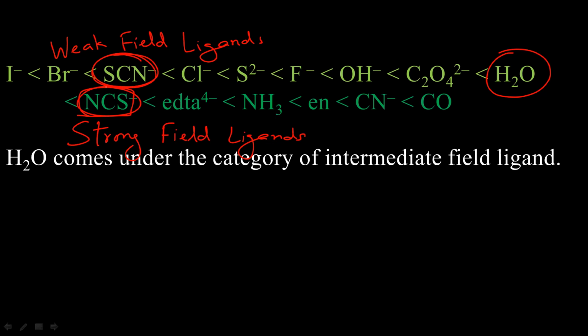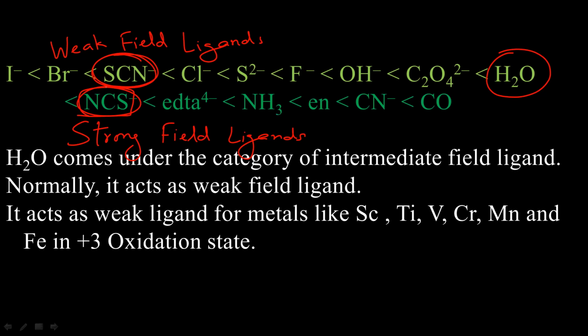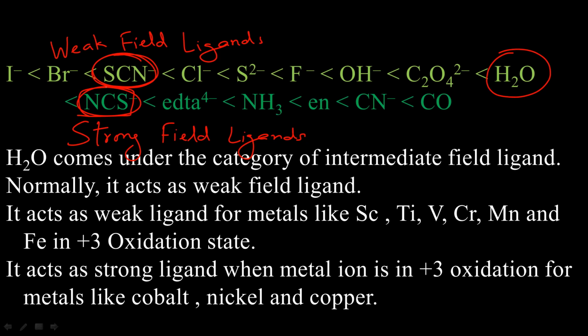H2O comes under the category of intermediate field ligand. I told you that most of the time it will be acting as a weak field ligand, but in a few cases it will be acting as a strong field ligand. So it acts as a weak field ligand for metals like Sc, Ti, V, Cr, Mn, and Fe in +3 oxidation state, but it acts as a strong field ligand when the metal ion is in +3 oxidation state for cobalt, nickel, and copper.